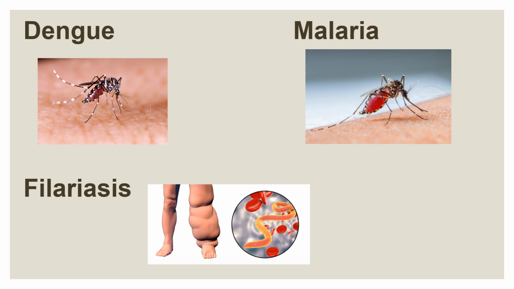So these organisms are transmitted to us through the bite of a mosquito carrier or vector. So what happens here is, aside from the signs of infection such as fever, chills, body pains, we have what we call the gradual thickening of the skin.